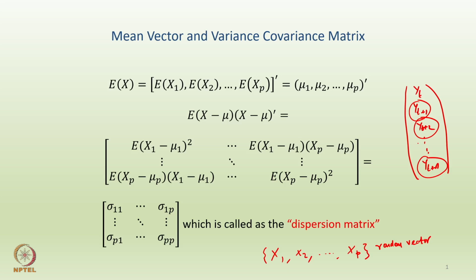The price can either go up or go down, and nobody can tell that for sure. So each individual element in this entire collection is in fact a random variable, and hence this entire thing becomes a random vector. One can denote this random vector by writing such a notation: yt inside a curly bracket denotes a random vector.